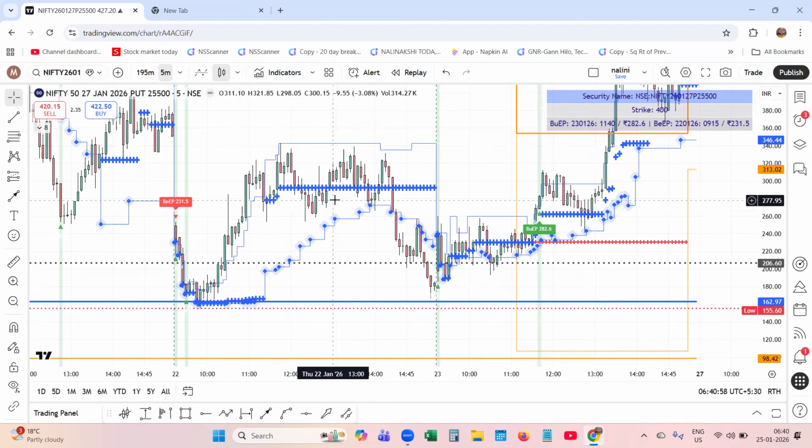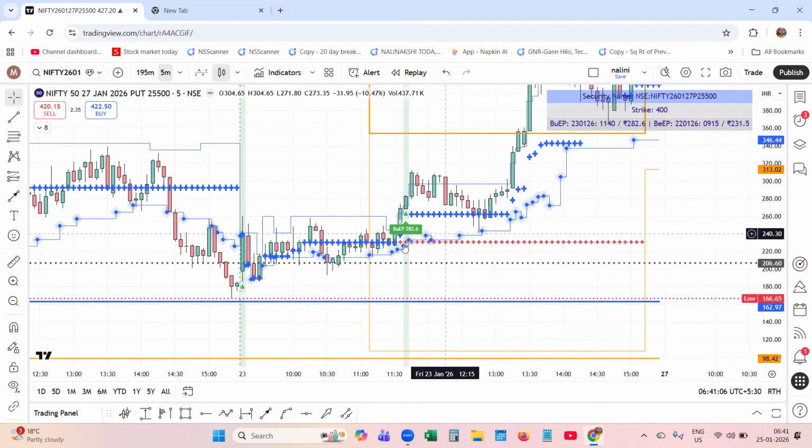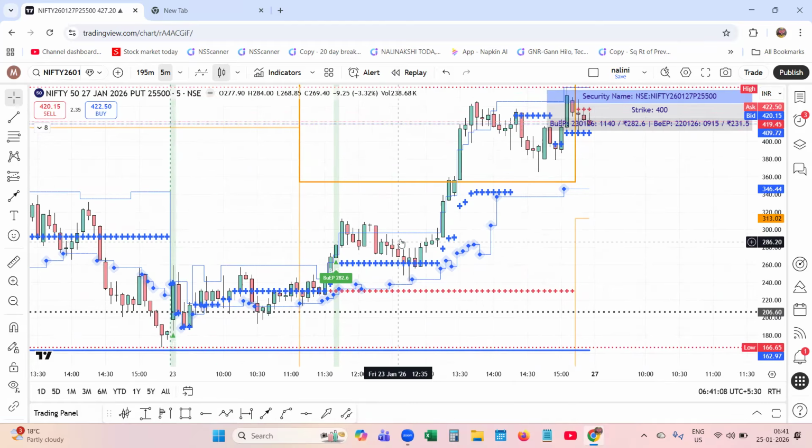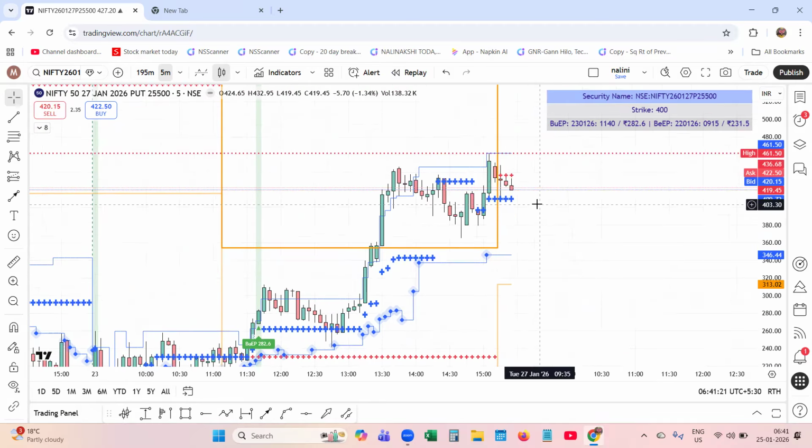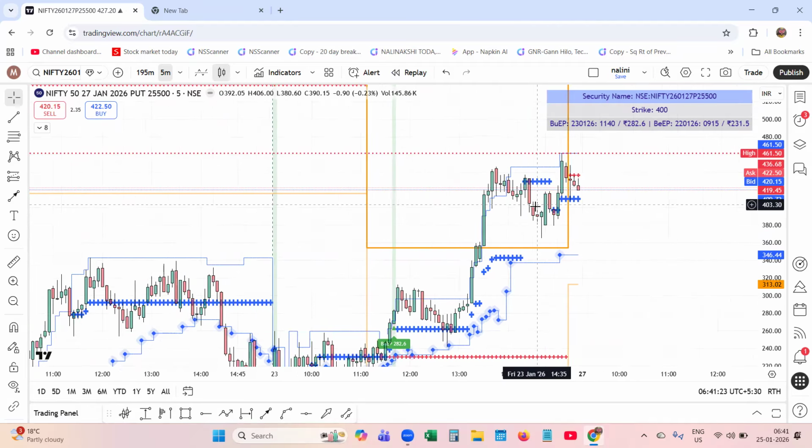The intention of the big player is to buy. So they are buying on dips, they were selling here in this area. The POC is moving higher. This is an indication that when the POC is moving along with the price, it is the intention of the big player to buy at low, and they are pushing the prices higher.